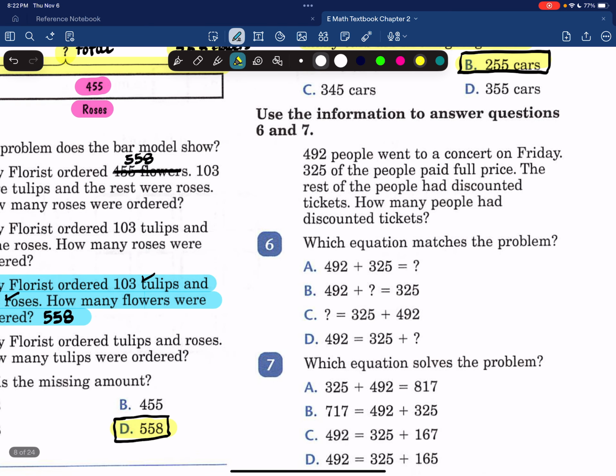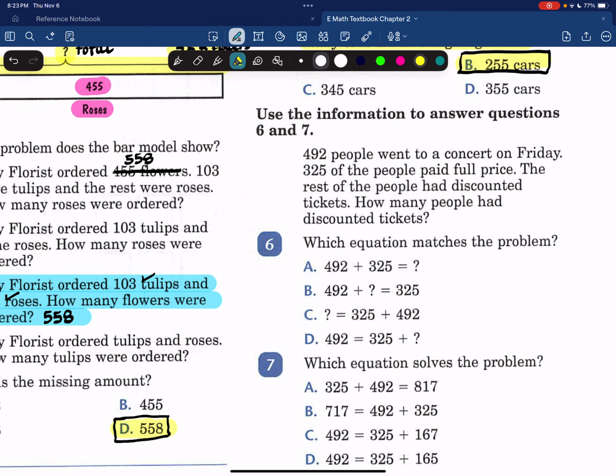Use the information to answer questions 6 and 7. 492 people went to a concert on Friday. 325 of the people paid full price.